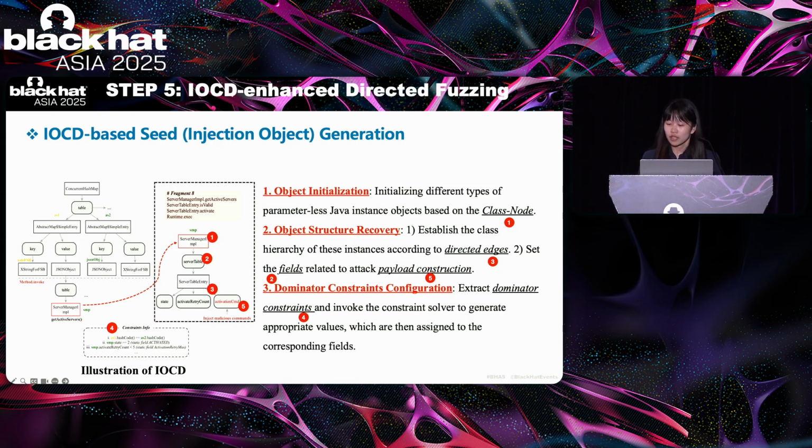Third, JDD will select fields related to attack payload construction. And lastly, JDD will extract necessary constraints that can be determined in the static analysis, and use a constraint solver to generate appropriate values, which are then assigned to the corresponding fields.